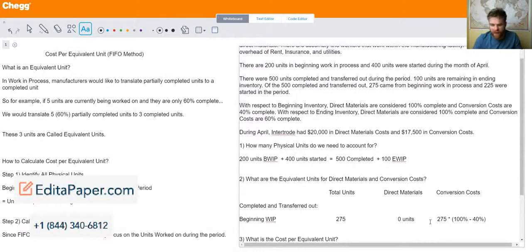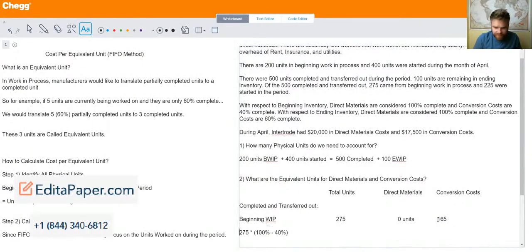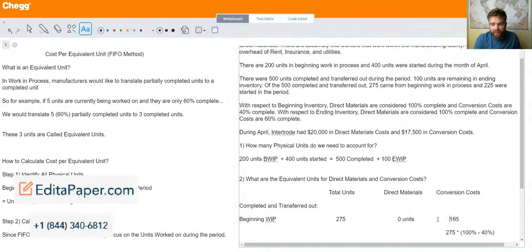So 275 times 60%. So 165 equivalent units were completed during April. And this is a very tricky concept that a lot of students struggle with. Once again, just ask yourself, what did I complete during the period? If 40% was already complete when it arrived, then that means that I had to complete 60% during the period.